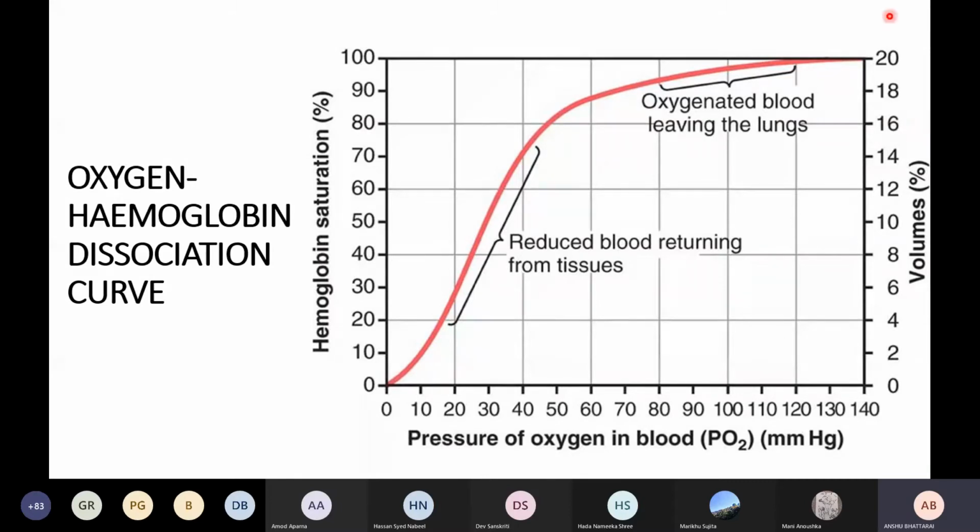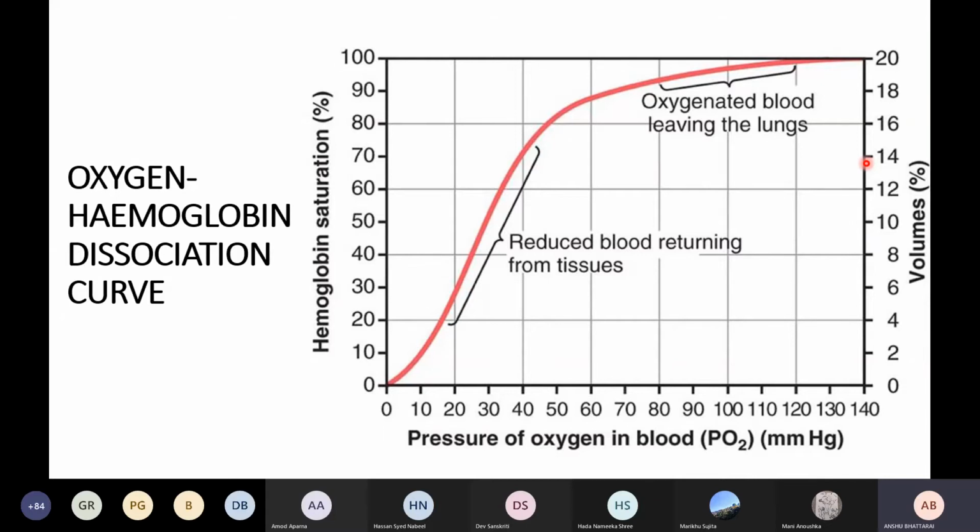So in 100 ml, 5 ml of oxygen was taken up by the tissues, right? So in 5,000 milliliters, about 250 milliliter of oxygen is taken up by the tissues. So that is the resting oxygen consumption. Okay, and it's mostly carried by hemoglobin and only some of it is in dissolved form.